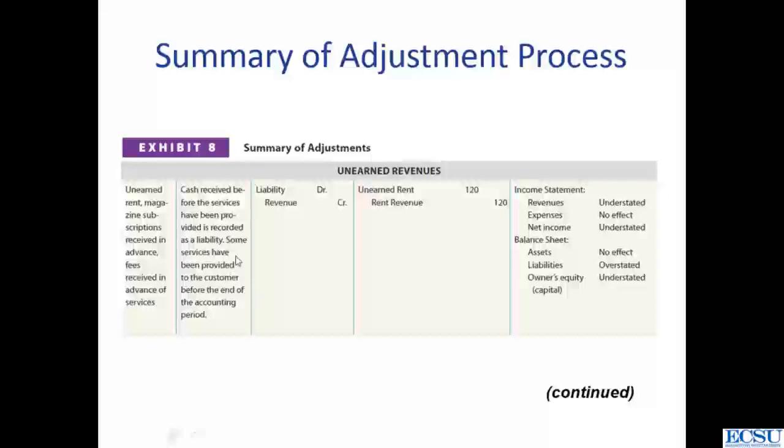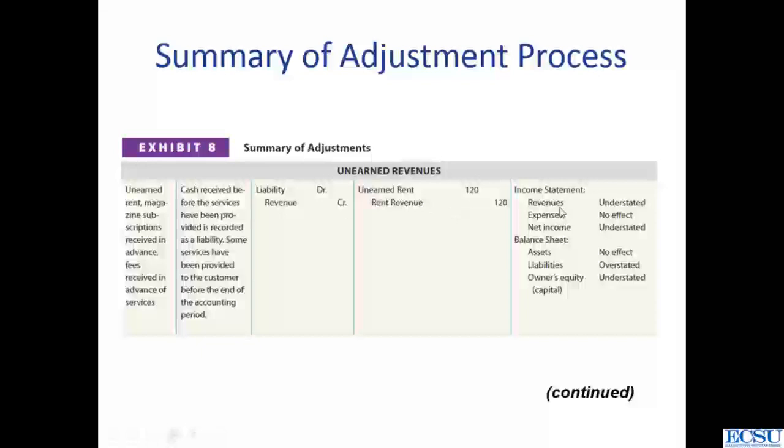So it will be considered a liability until you earn that. Some services have been provided to the customer before the end of the accounting period. Then you'll have to take the money out of the liability and transfer it to the revenue account. The example would be unearned rent account is debited and rent revenue is credited.